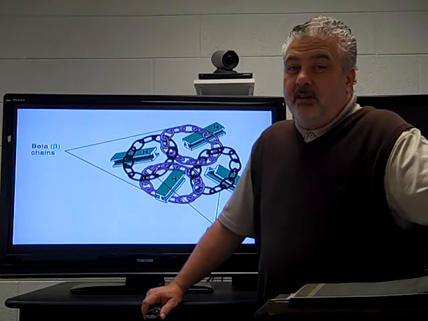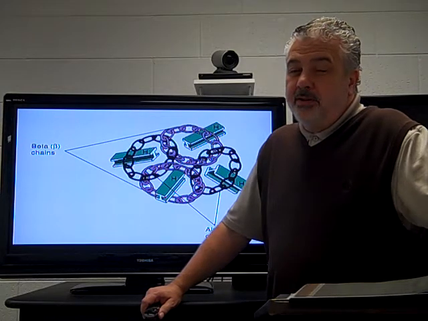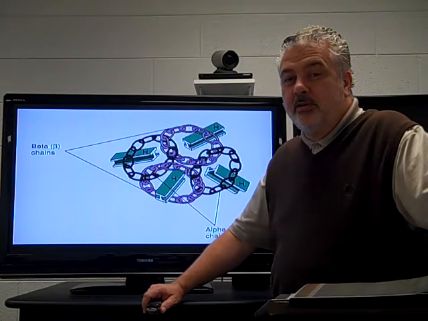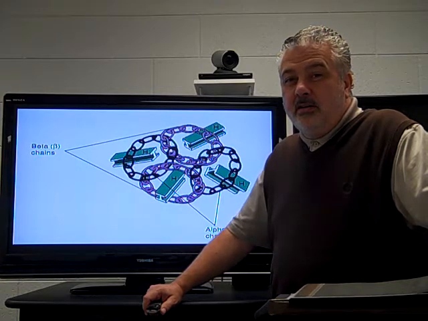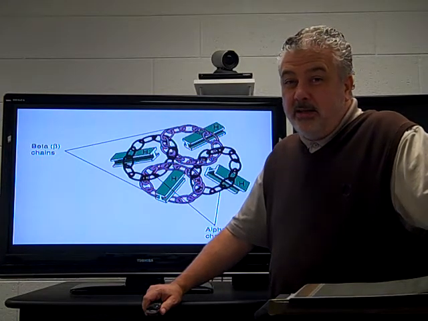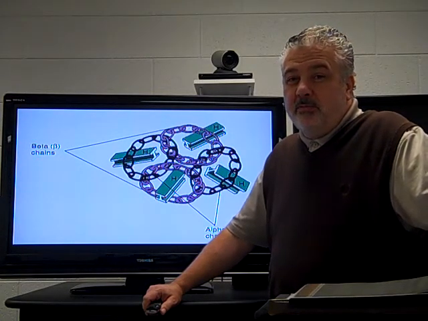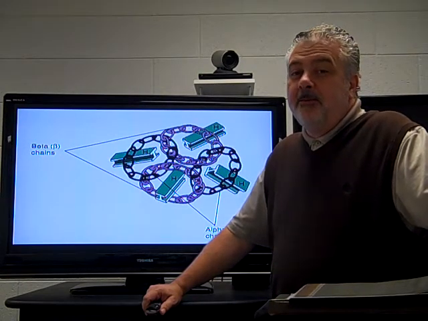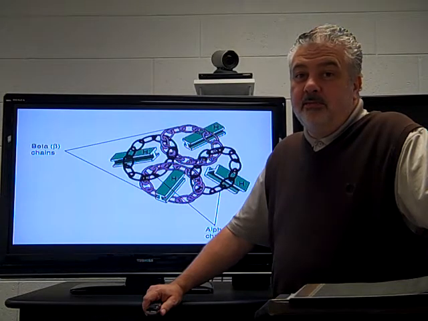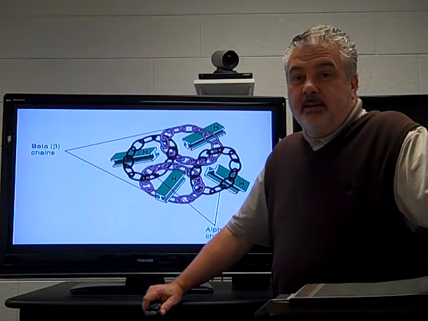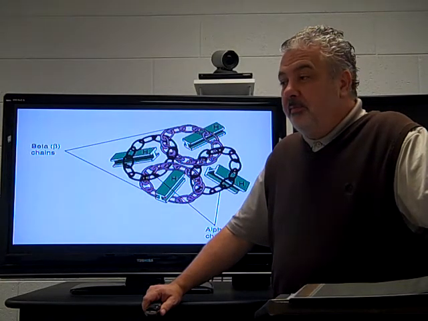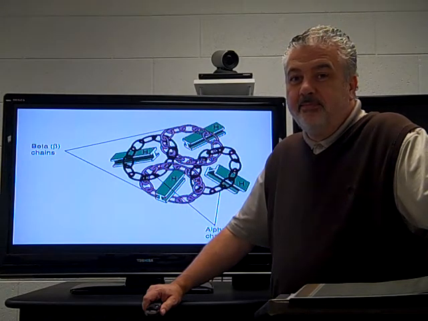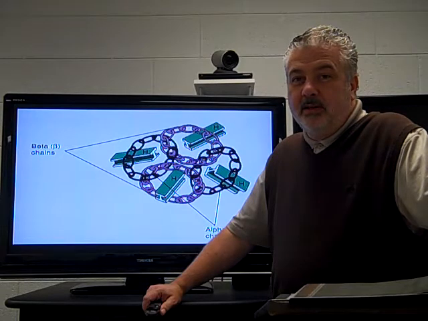Now, some of the things that might compete with oxygen for those hemoglobin molecules are things like carbon monoxide, and there are other things, but primarily if carbon monoxide is occupying the hemoglobin, then oxygen won't be able to get on the hemoglobin and be transported. So it's important to think about that.